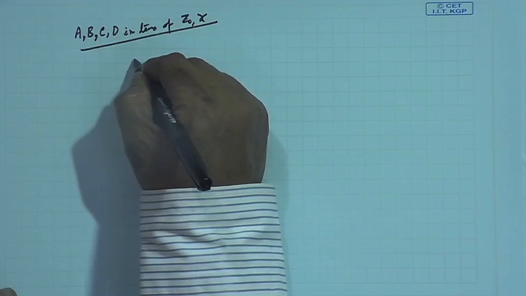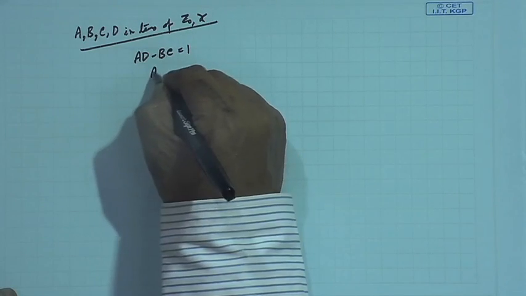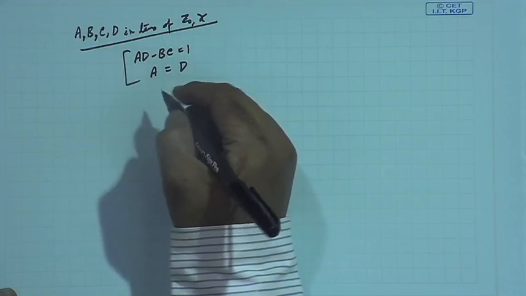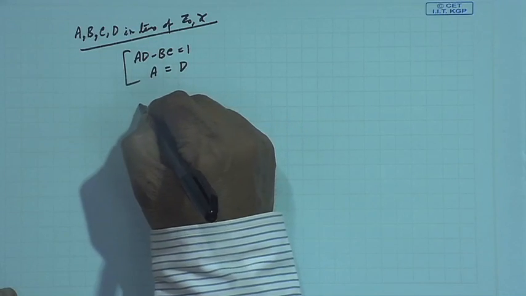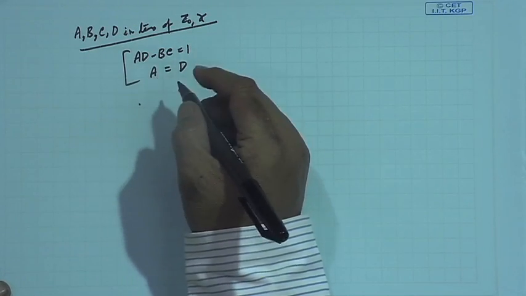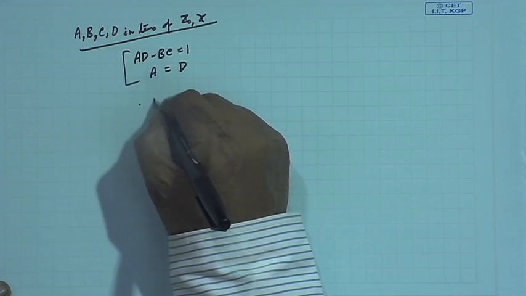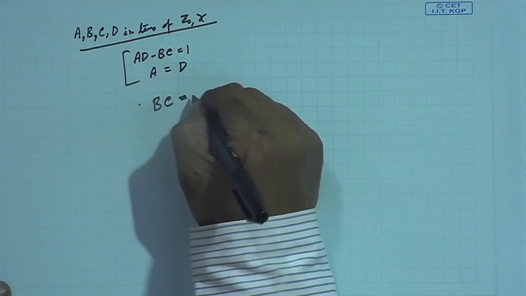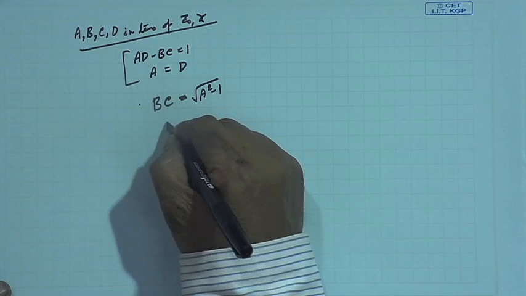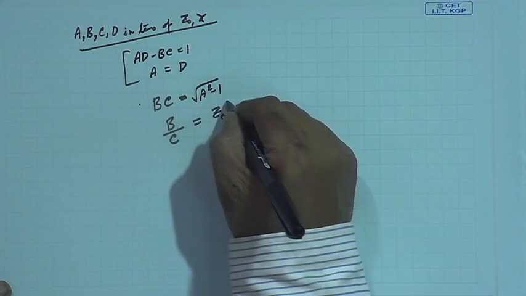So, you can start from AD minus BC is equal to 1 and also A is equal to D. With this, if we put A is equal to D, we get BC is equal to A square minus 1, and also we know that B by C is Z0 square.